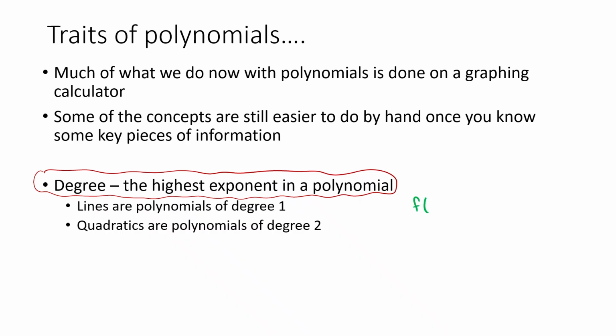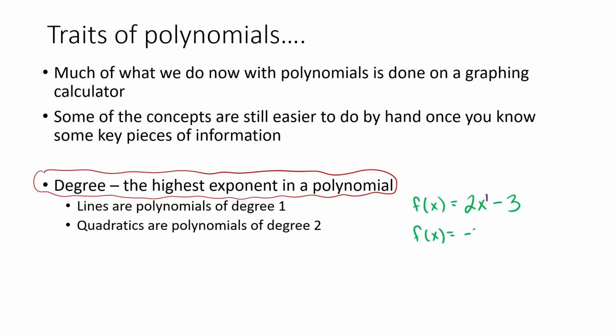If I were to look at a linear function, say 2x minus 3, we know that the exponent on that x is a 1, and so this would make it a polynomial of degree 1 because the highest exponent in that function is a 1. And we could do something similar with the quadratic.